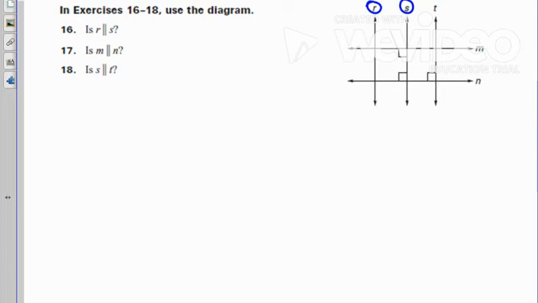So we can't actually use the perpendicular transversal theorem because we don't know that R and S are parallel. And we don't know right now that M and N are parallel. We actually don't know if there are any right angles with R being a transversal to M or N. For S, we do know there are some perpendicular lines, but we do not know anything about R. So in this example, number 16 is going to be no.